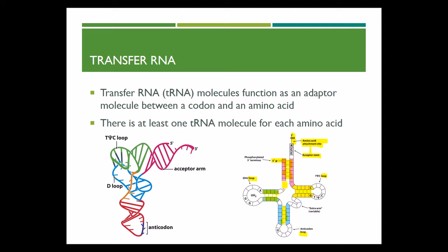The DHU loop often contains the modified base dihydrouridine, and the T-Psi-C loop often contains the sequence thymine, pseudouridine, and cytosine.